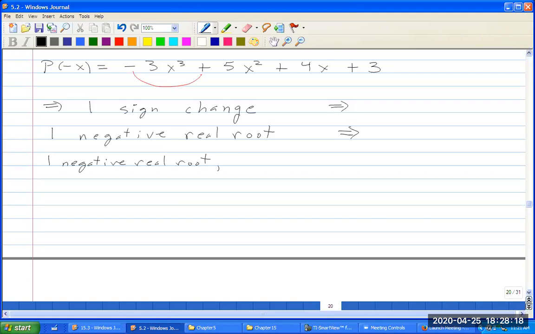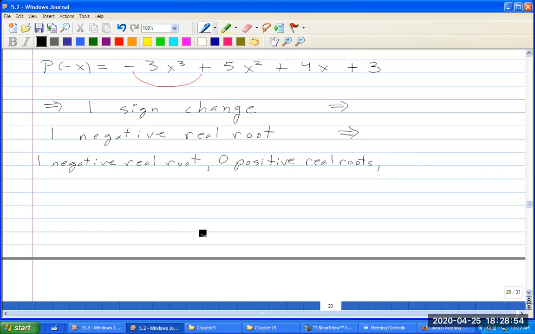There are either 0 or 2 positive roots. So let's first do the 0 positive real roots. And this is a cubic, so I have to come out with 3 roots. So if there is 1 real root, then there must be 2 complex roots.